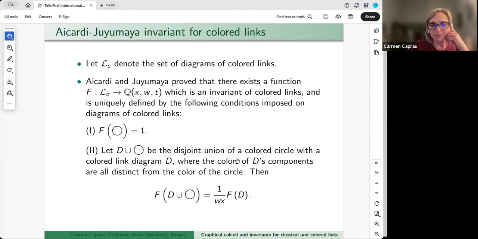But again, it's important to note, although it's not relevant and it should not prevent you from understanding what comes next if you miss this information, it is important for the invariant that we have this equality in the definition, and that we need to know what to do when the standard diagram of the unknot is colored completely different from the rest of the other components in the disjoint union.